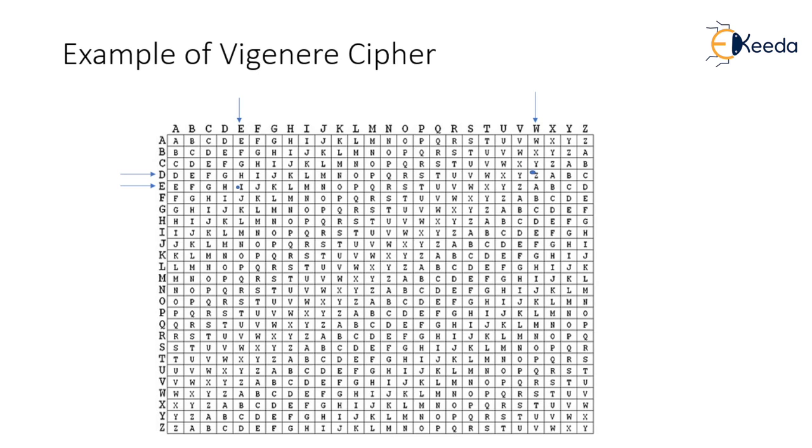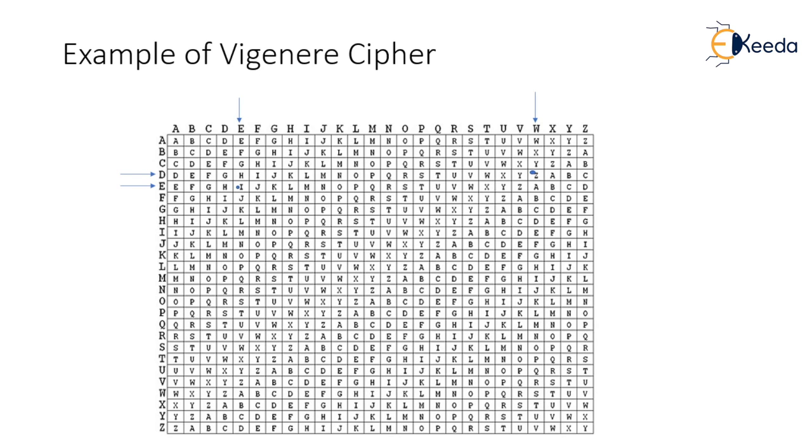And the ciphertext letter for this combination will be the letter Z. That is the letter where the row and the column intersect. So that intersecting alphabet can be considered as the ciphertext for those respective keyword letter and plain text letter.